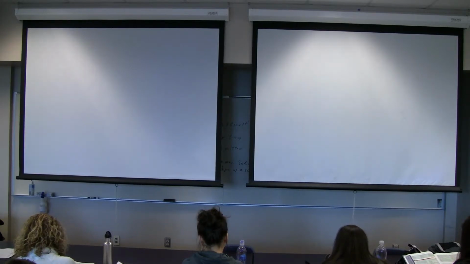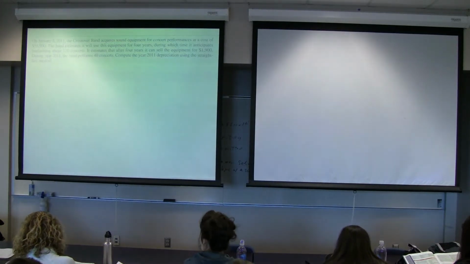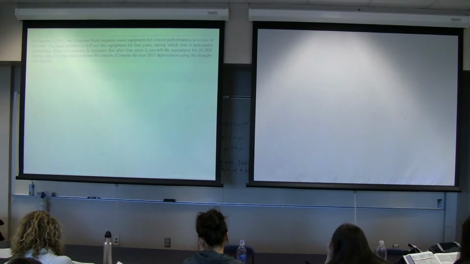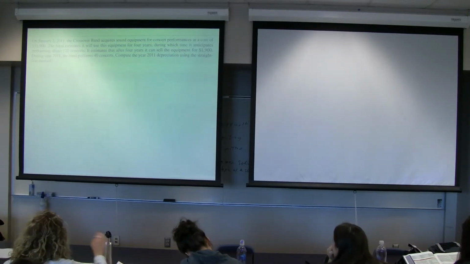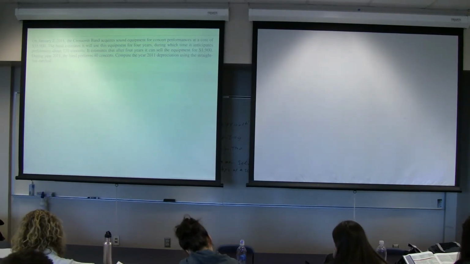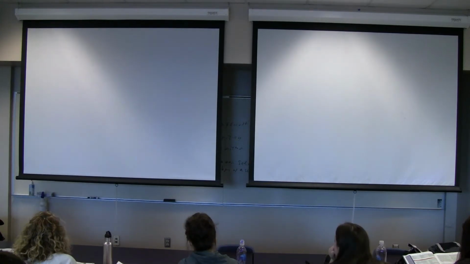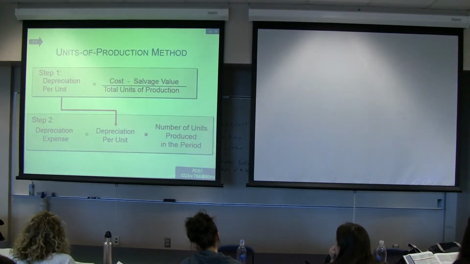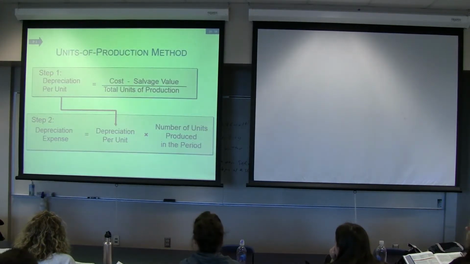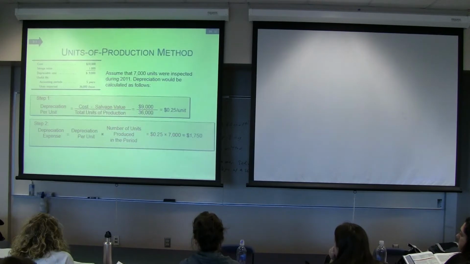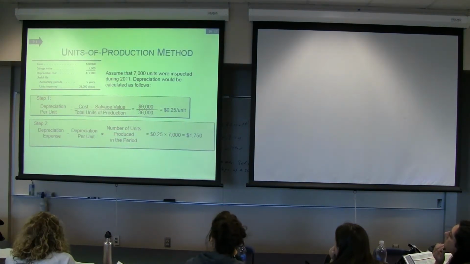So in this case, units of production method, step one: depreciation per unit equals cost minus salvage value over total units of production. Depreciation expense equals depreciation per unit times number of units produced. The data is the same we dealt with in the last example.